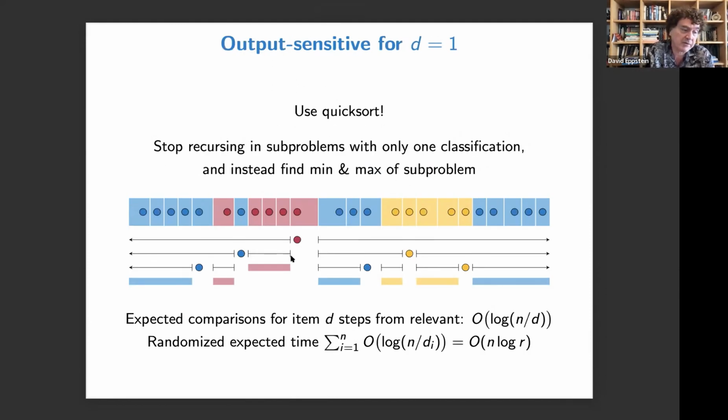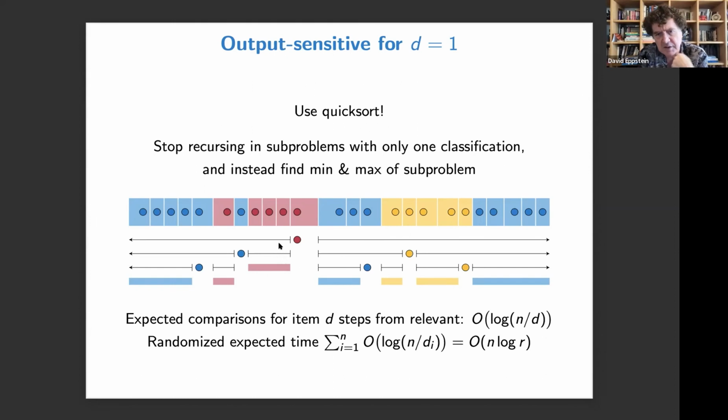There's a very simple way of doing that, which is just that we use quicksort. You remember quicksort will randomly pick a pivot point, say this red one, divide the remaining points into the points below and above the pivot, and recurse. Randomly pick a pivot, say this blue point on the left side, divide into below and above, and recurse.